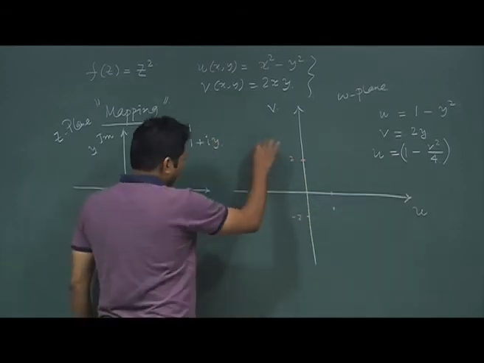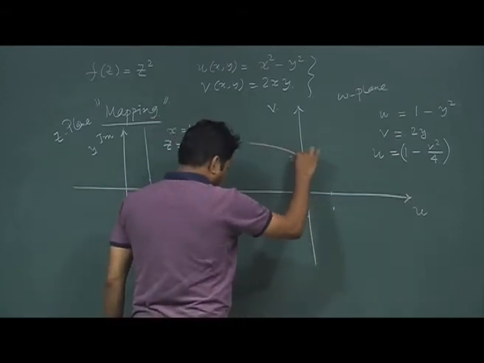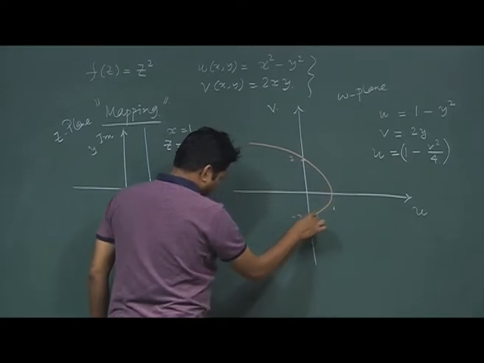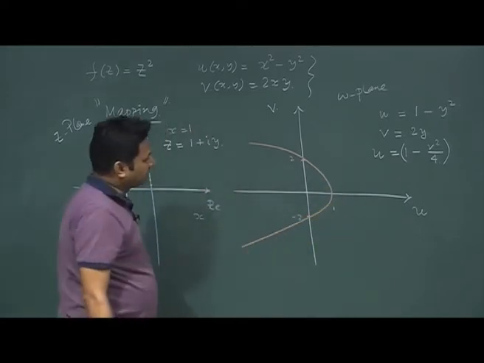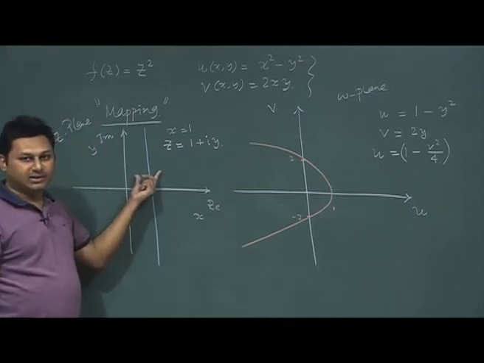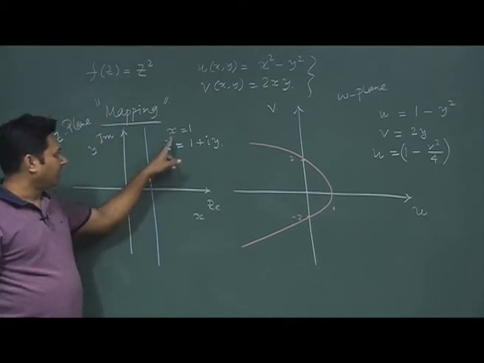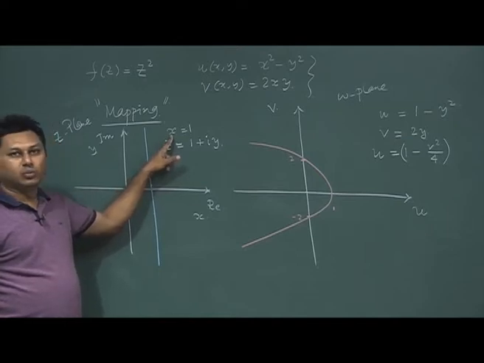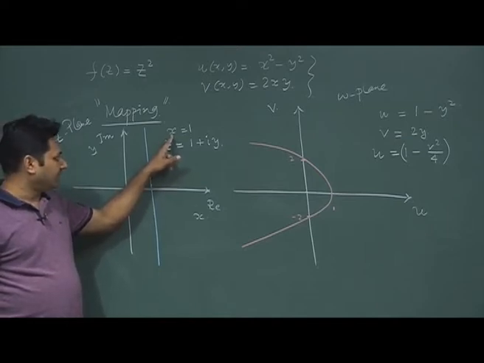So it will be something like this. This is the mapping of this particular straight line, for which I have the restriction x equal to 1.